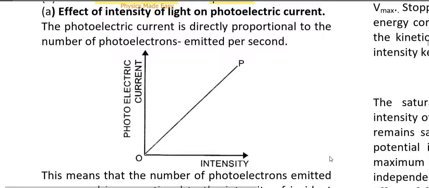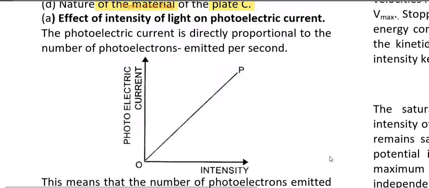First I will write: intensity I is the number of photons per unit area per unit time.